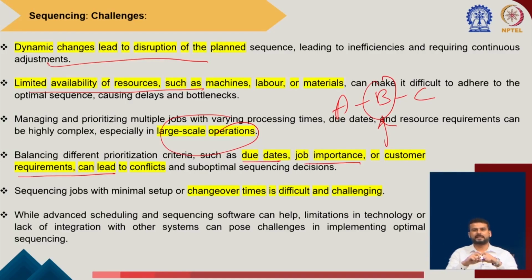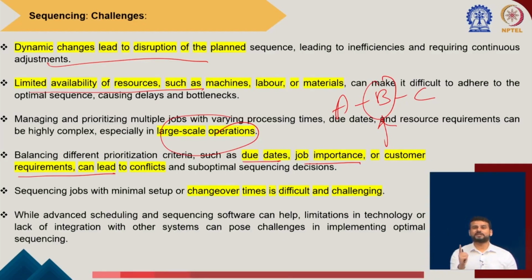If you are considering due dates, importance is not only about when you are delivering the product. Sometimes, if I am doing job A and job B, I may focus on job A because I need to deliver it early, but job B's due date is later.